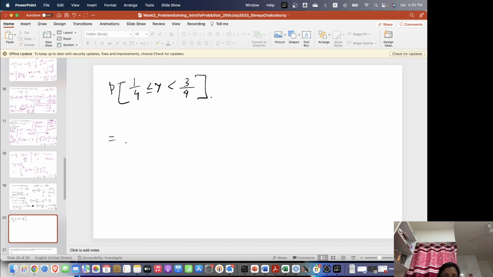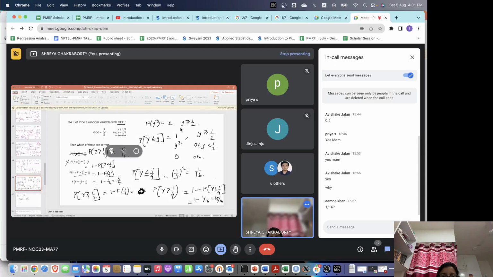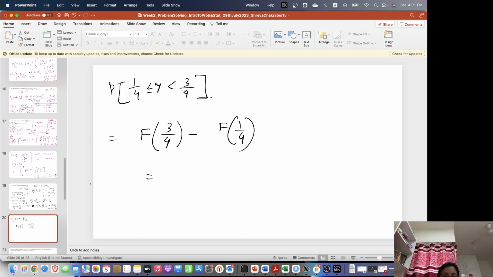So this means f of 3/4 minus f of 1/4. So f 3/4 means 3/4 is greater than half.